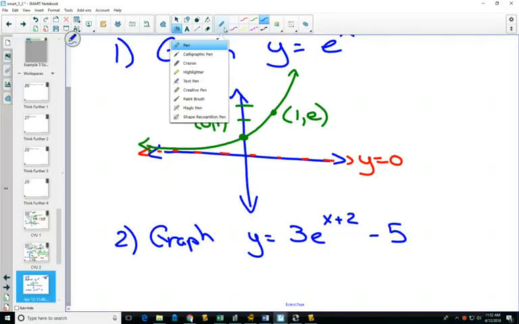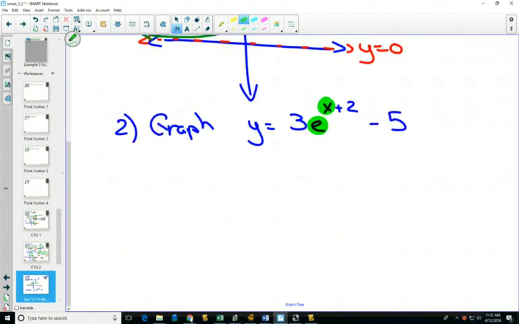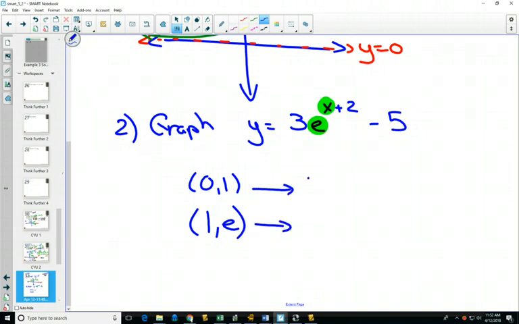So again, just like before, I might take out my highlighter and say that e and that x, that's part of my parent graph. And then I have the point 0, 1. I have the point 1, e.